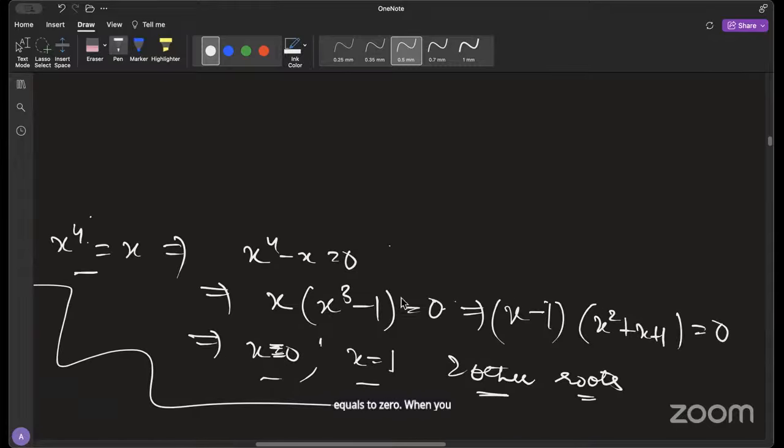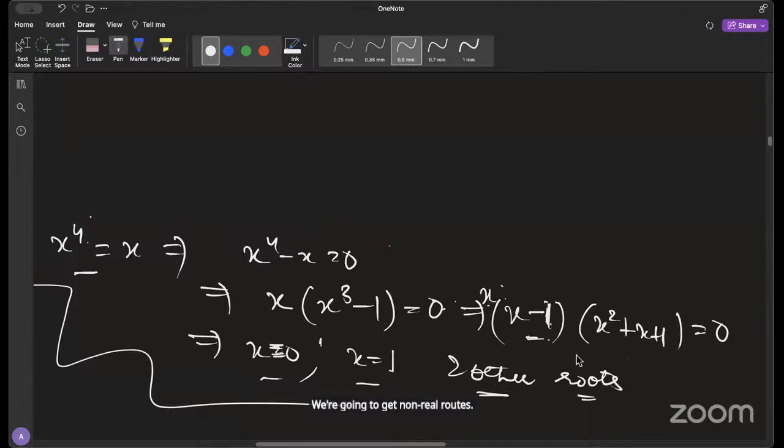This is the a cube minus b cube identity I've applied here. So one root is x minus this one, this real root. This gives x equals 0, this gives x equals 1, and this is a quadratic equation. You can try solving it. You're going to get non-real roots.